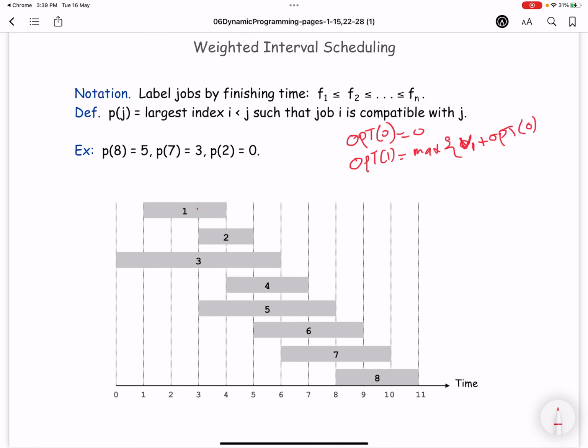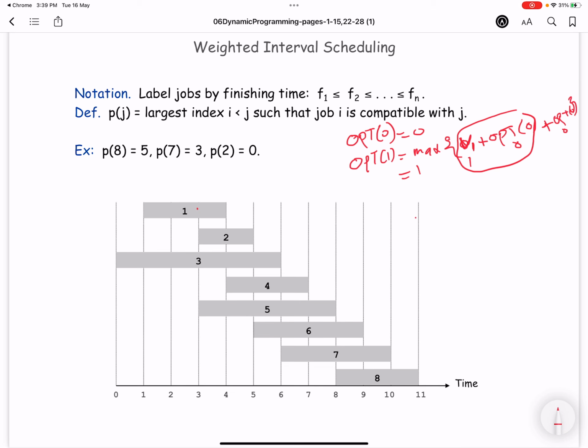In this case, we don't have such jobs, so it's opt 0. Or we decide not to take this one, then it's opt 0. So opt 0 is 0, and v1 is 1. Which one is larger, v1 plus 0 or 0? For sure it's 1 plus 0, so opt 1 is 1.